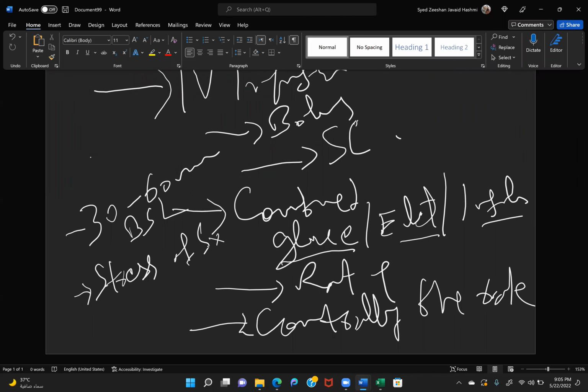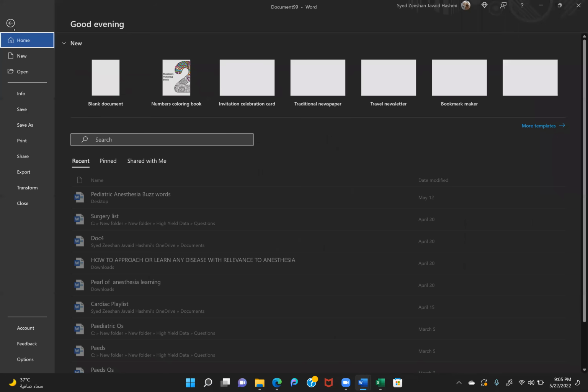So this is what you have to anticipate. And as soon as the NPO is broken, you have to resume the normal routine. This is very important in diabetic patients. You have to look for hypoglycemia.